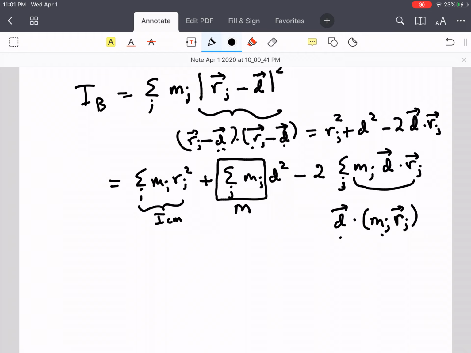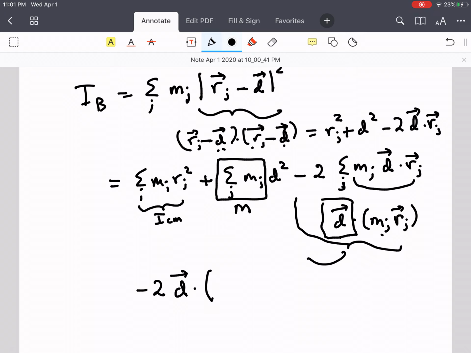It doesn't really matter. Now notice again that d is a constant, so I can actually factor that out of this sum, which is a little weird to do, but I'm going to go ahead and isolate this term right here. So I have negative 2 times d dotted into this whole sum on j of mj times rj.